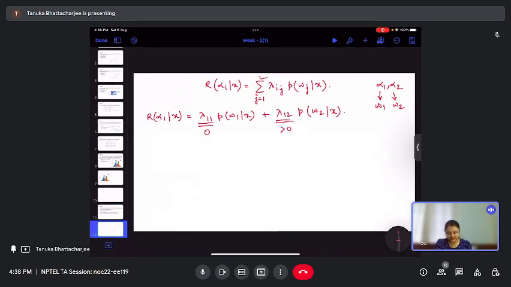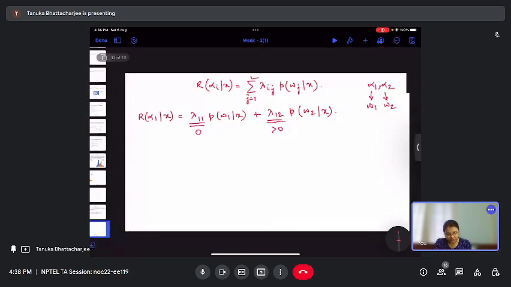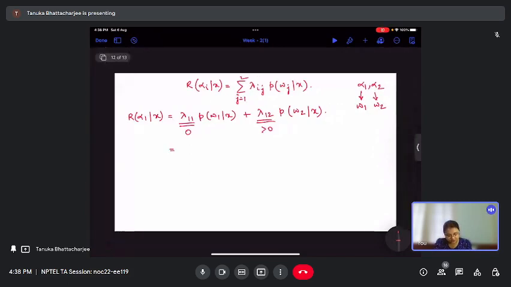So we will keep that as lambda 1 2 only. Our expression will become lambda 1 2 into probability of omega 2 given x.